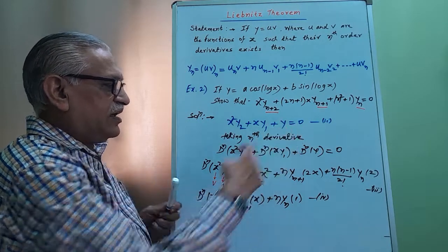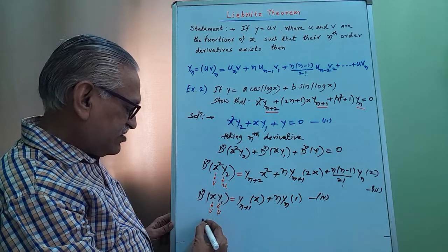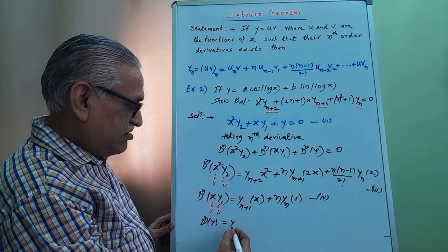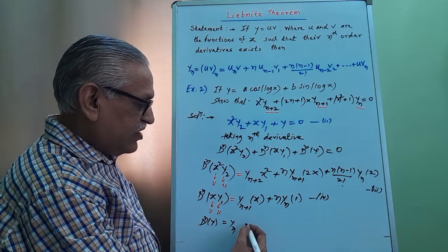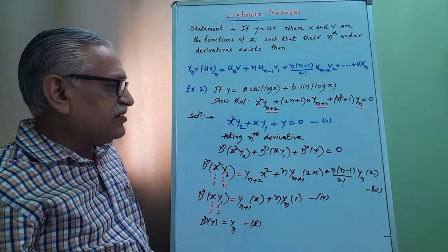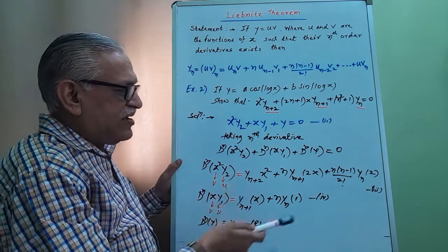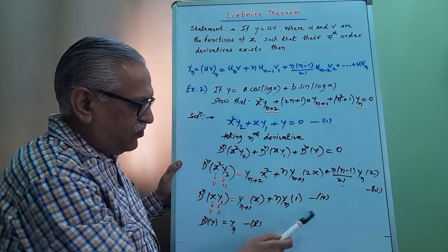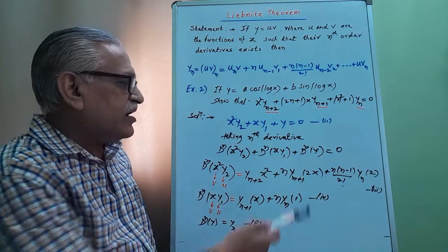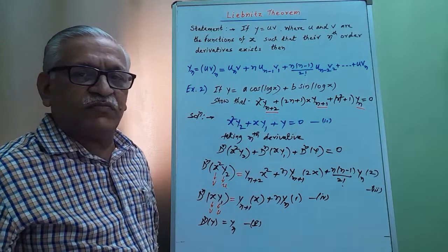And the nth derivative of y, last, is yn, and we call this equation 5. Then we add equations 3, 4 and 5 and equate it to 0 to get the nth derivative of this equation number 2.